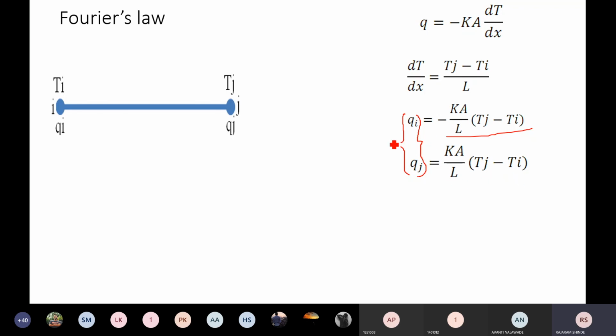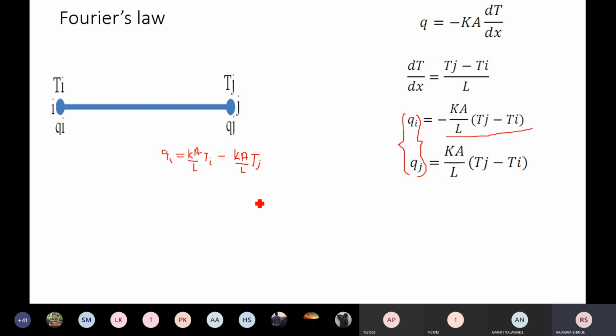Now how can we write it? Qi equal to K by L into Ti, first equation, minus K by L into Tj.